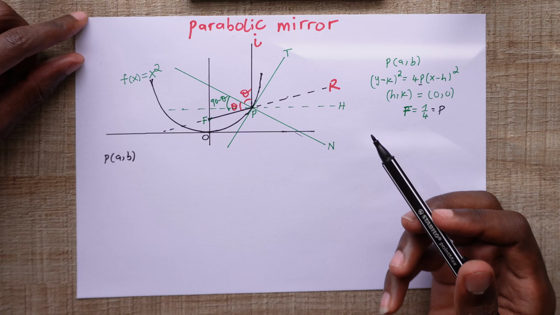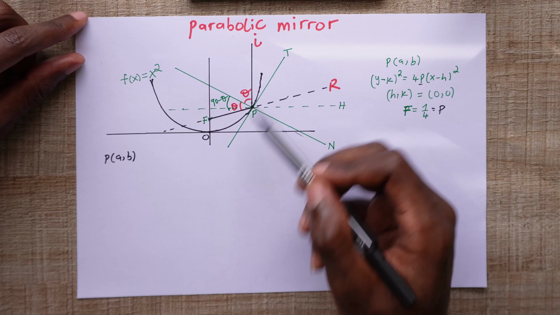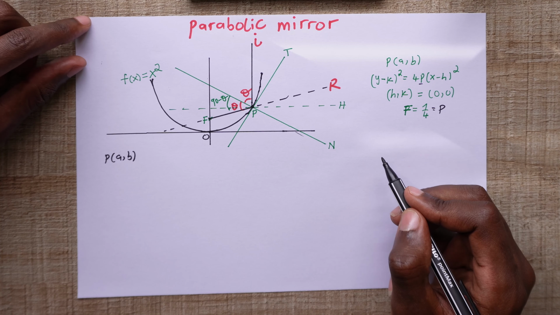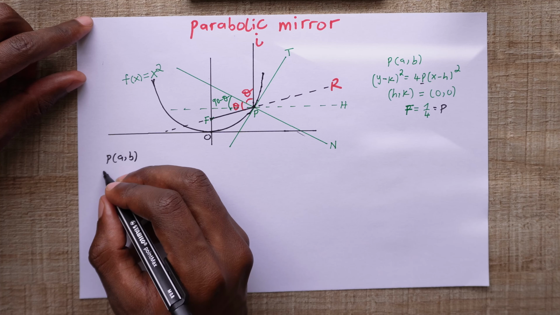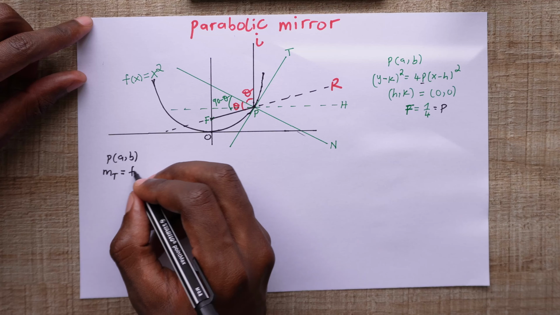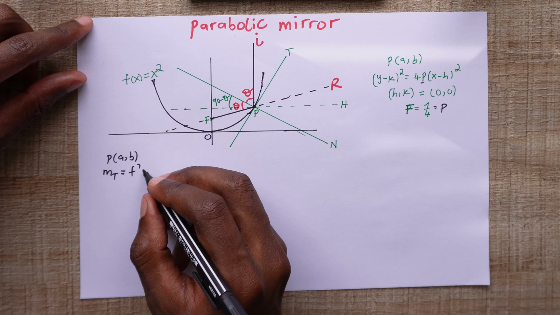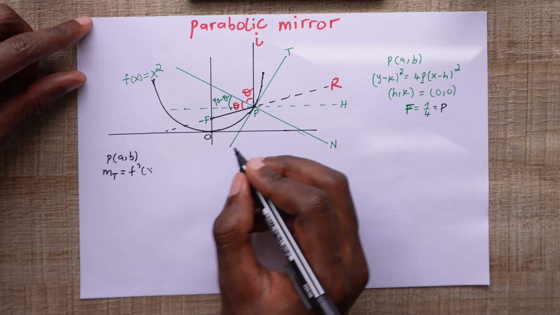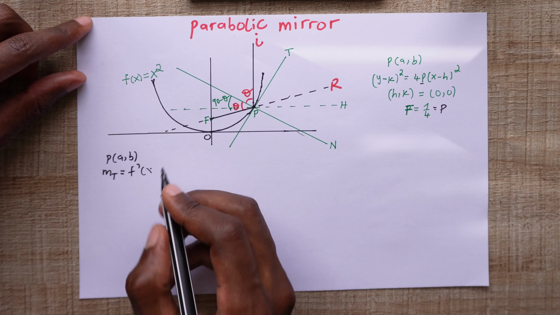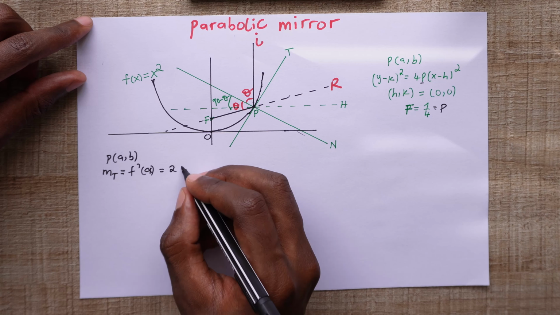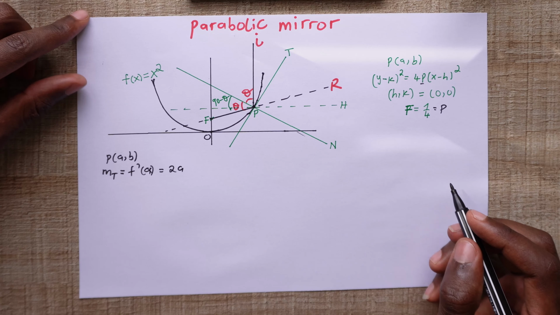The gradient of a curve at a point, which is also the gradient of the tangent, is just the first derivative of the curve at that point. So we can say that the gradient, call it m, of the tangent t is just the first derivative of f at the point P. The point P has an x coordinate of a, so it's f prime of a. And that's just 2a, because you just differentiate that.